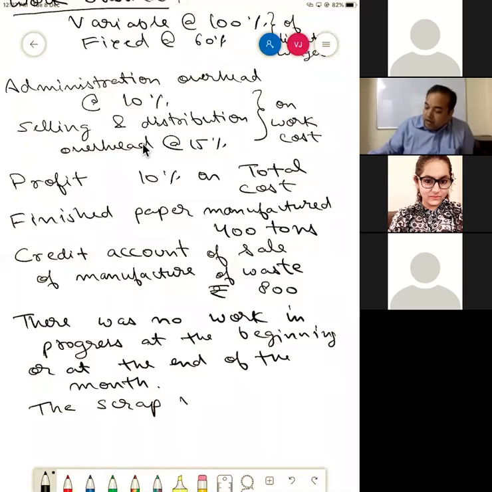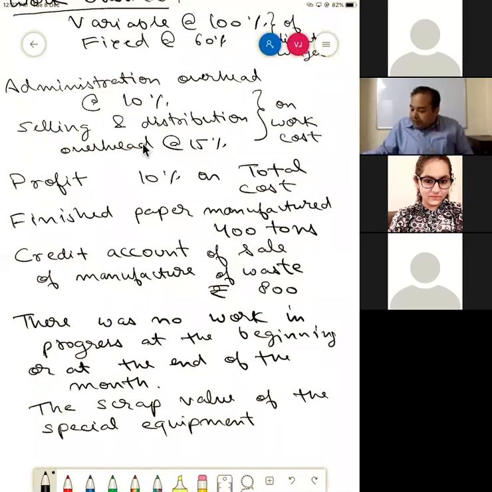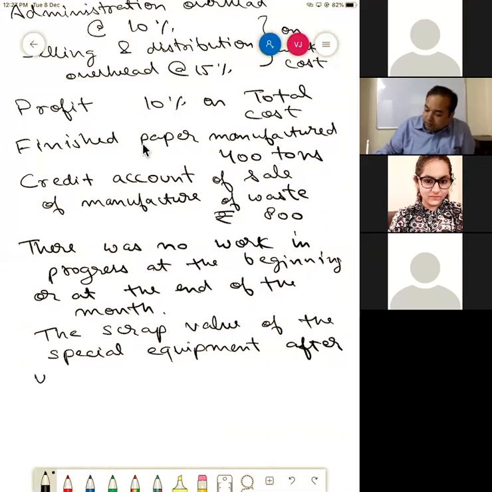Next is the scrap value of the special equipment after utilization in manufacture is nil.